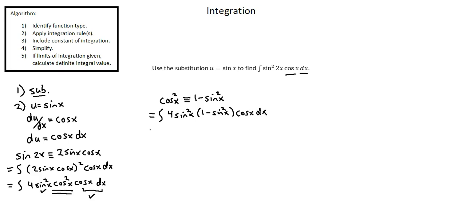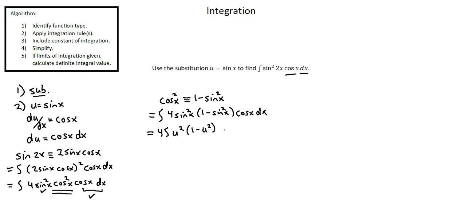Now at this point we can complete our substitution. I'll bring the 4 outside of the integral. 4 times sine x squared. We'll replace sine x with the given substitution u squared, times 1 minus, again the substitution for sine x is u squared, times cosine x with respect to x.